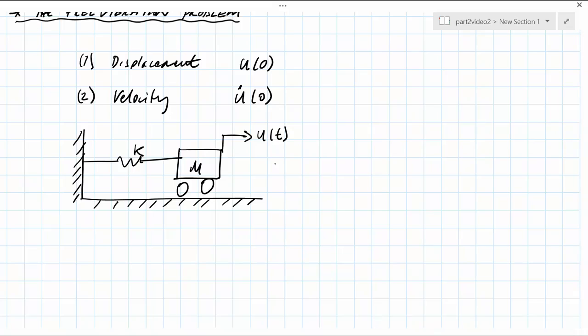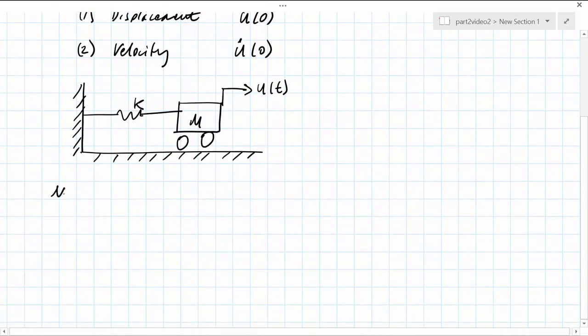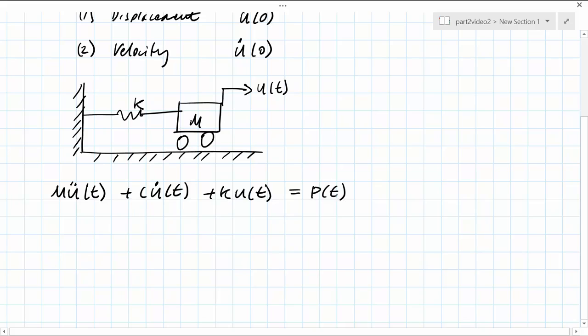Recall that the equation of motion for a dynamic system is given by the inertial force plus the damping force plus the stiffness force, and this is equated to the externally applied load. Looking at our mass spring damper system above, we can see that we do not have a damping force and we do not have an externally applied load.